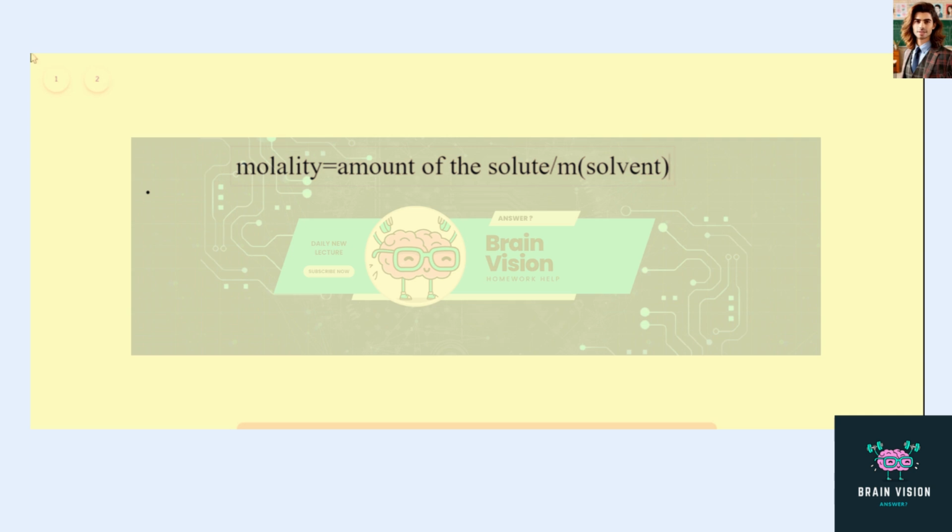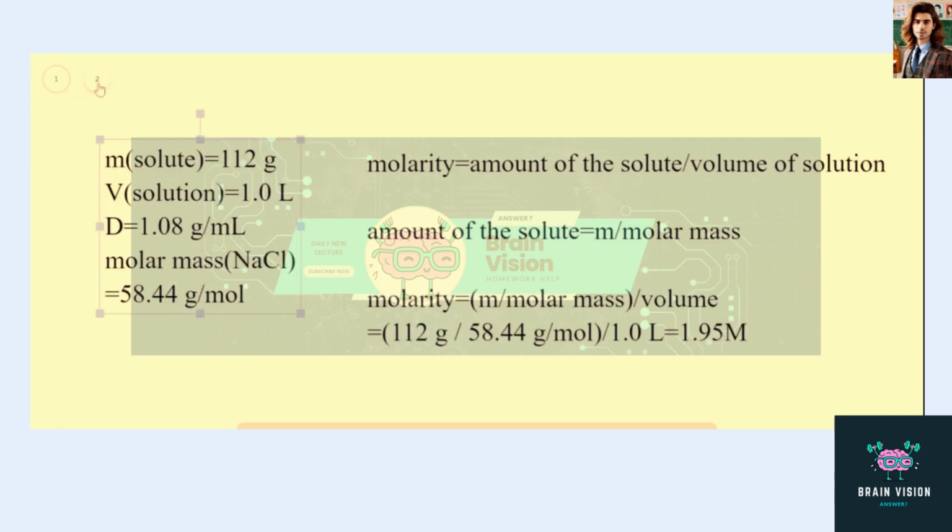Again, as on the previous slide, we can just replace the amount of the solute with mass divided by the molar mass. We can calculate the mass of the solvent by subtracting the mass of the solute from the total mass of the solution. If that's not clear, I will actually write it all out.